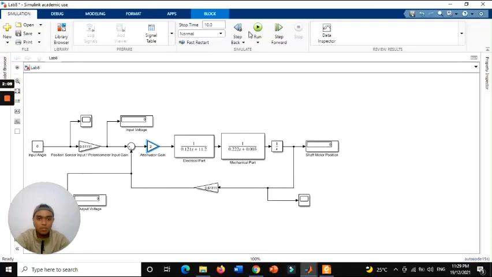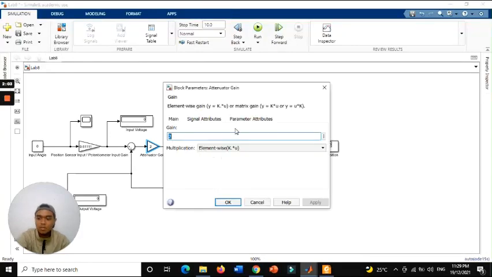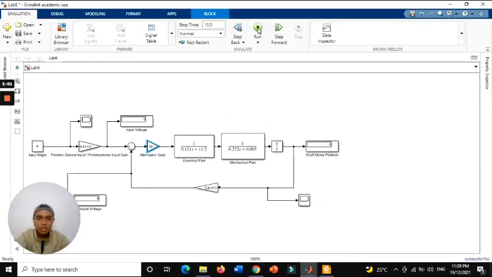Change to a value of 2. Okay, shaft motor position is also 0. Then 10. Okay, so the shaft motor position is also 0.